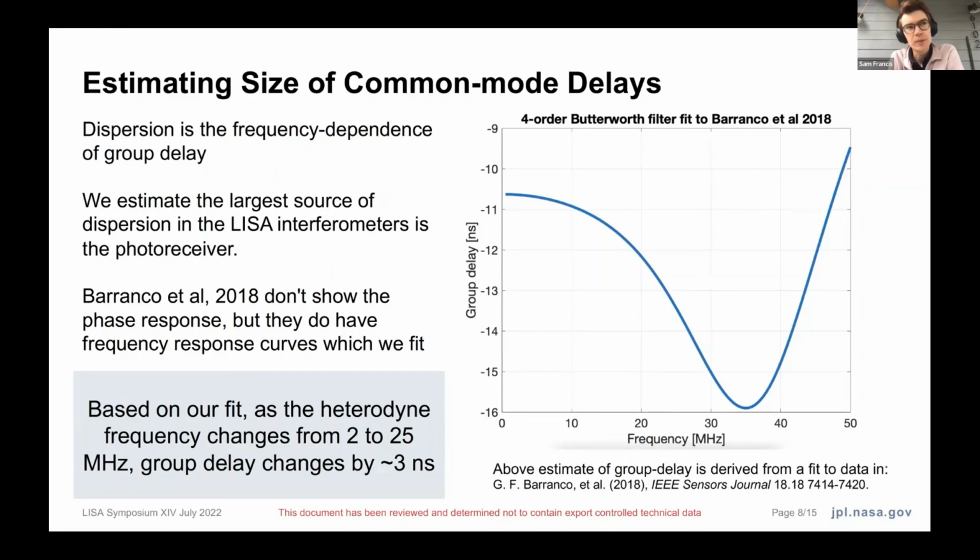And then are there things like temperature effects that are going to change this in a significant way? We have to decide what the maximum allowable variation in these delays is, and then decide if we're stable at that level given the thermal environment that these detectors will be in.